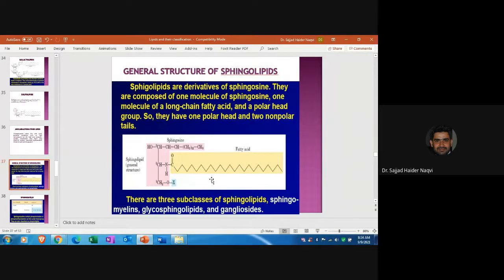Sphingolipids can be further classified into different types like sphingomyelins, glycosphingolipids, and gangliosides. We'll go into the detail, but just to give you some idea, sphingomyelins and gangliosides are predominantly present in the nervous tissues.